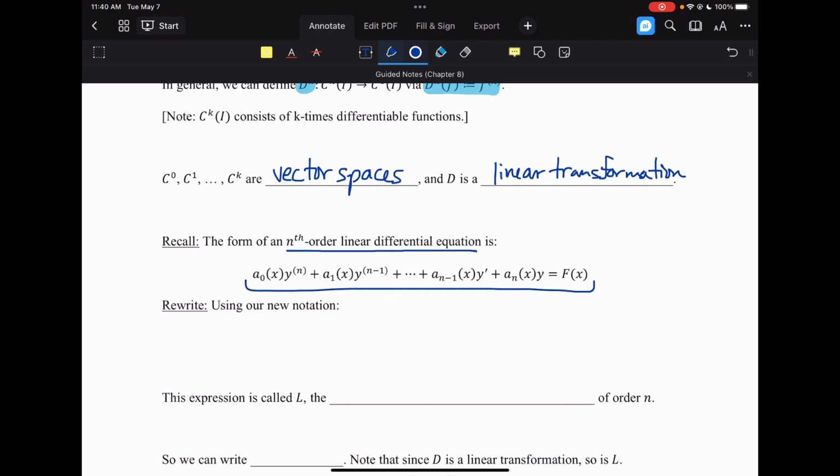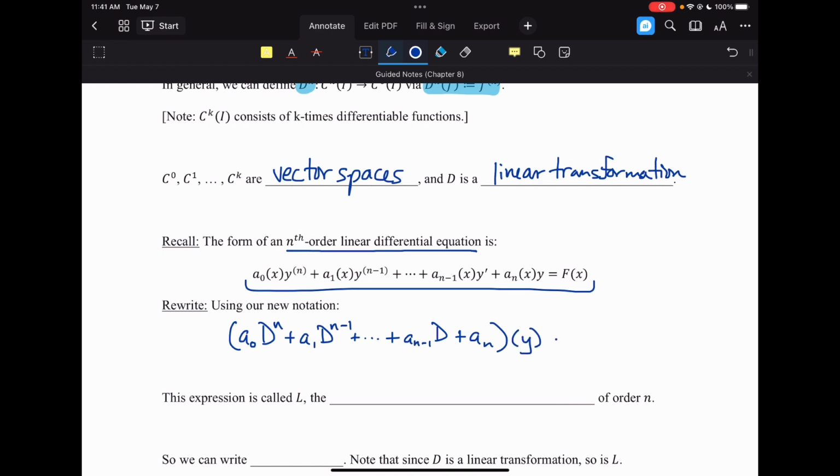We can rewrite this using our new derivative operator notation. So this is going to be a0 D to the n plus a1 D to the n minus 1, etc. This will be a_(n-1) D plus a_n, which multiplies y itself, like D to the 0 because there are no derivatives, so that would just not show up.